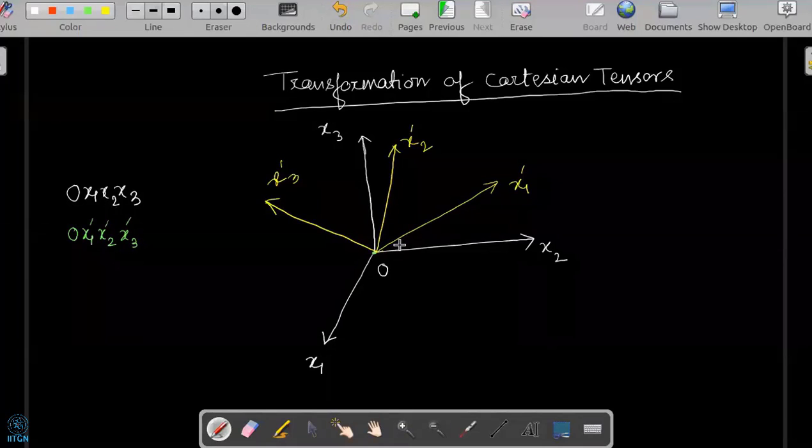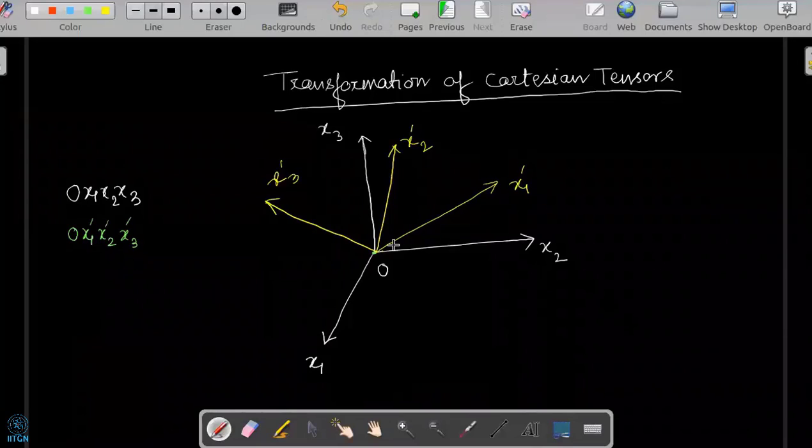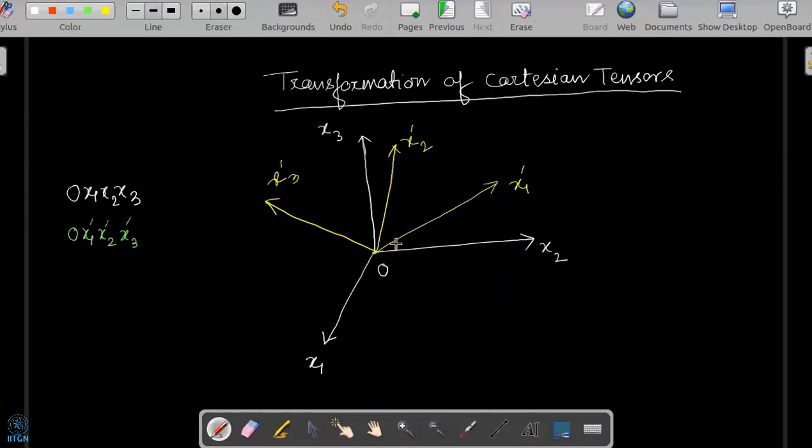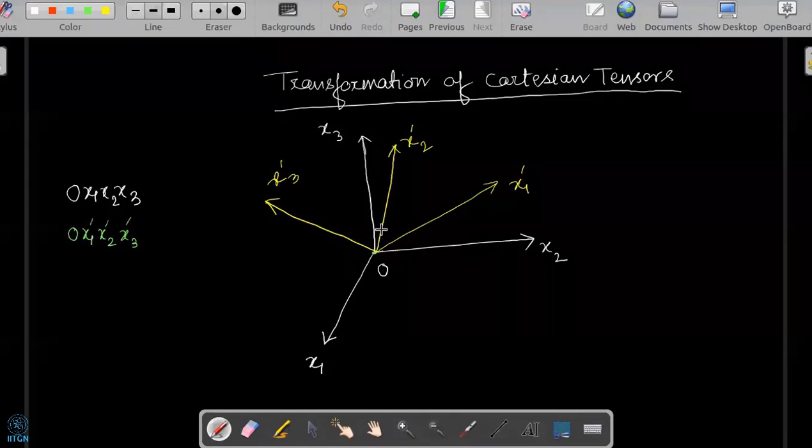The condition that x1, x2, and x3 should be perpendicular to each other must be satisfied here also. That condition we cannot change, because this is what three independent bases require in a geometrical space. So though in the diagram it may not look perpendicular, the perpendicularity condition is there.